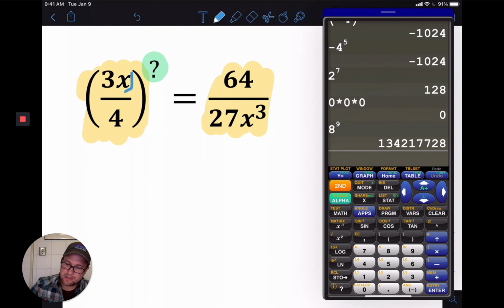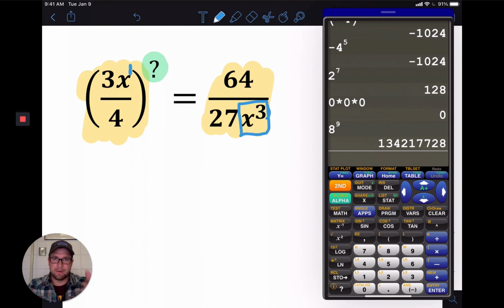So right here we had x to the 1st power. And we know that we have parentheses, so we're going to multiply here. If we look at our answer, notice how we had x to the 3rd, but now that's in the bottom. That's unique. So remember, if I had an exponent that originally started up top, then something must have made it negative in order to get it to flip to the bottom.